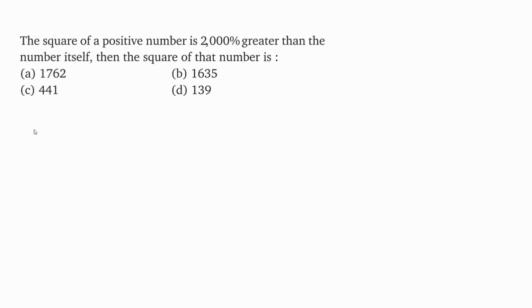This is a fun question. This is one of those kinds of questions where the answer is inside the question, if you can find it. The square of a positive number is 2000% greater than the number itself. Then the square of the number is, let's see how.